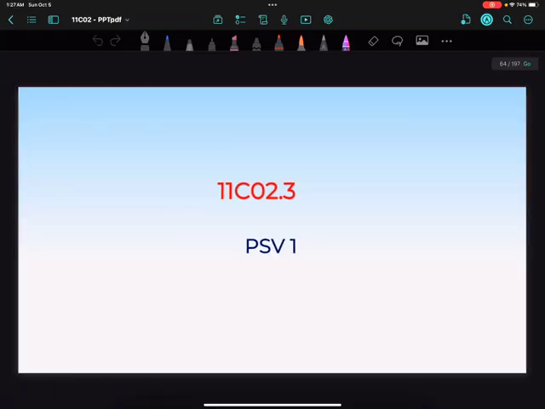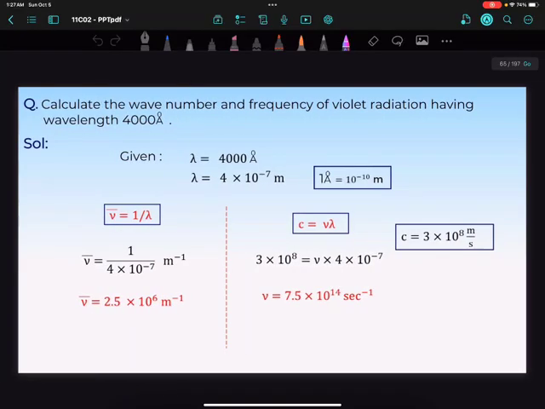Now let's solve a question to get this concept more clear. It says: calculate the wave number and frequency of a radiation having a wavelength of 4000 angstrom. So here the given quantity is the wavelength, which is 4000 angstrom. Now we know c is equal to nu into lambda.